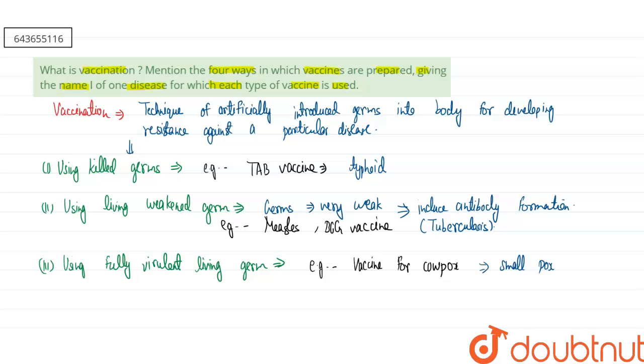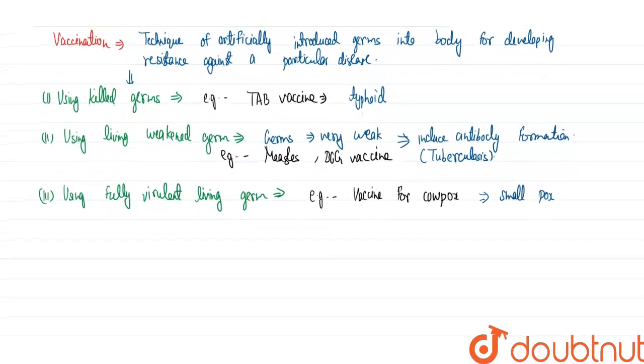Then, if you are talking about our fourth method for vaccination, it is by using toxoids. Toxoids means we use the toxins of the pathogen.